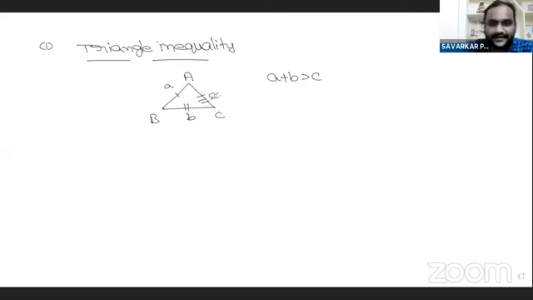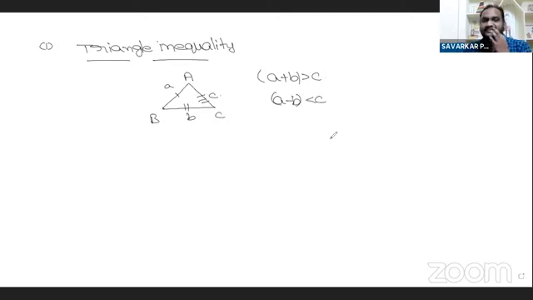Yes, sir. You can take any two sides, the sum of any two sides is greater than the third side. It is called triangle inequality. Or the difference of any two sides is less than the third side.